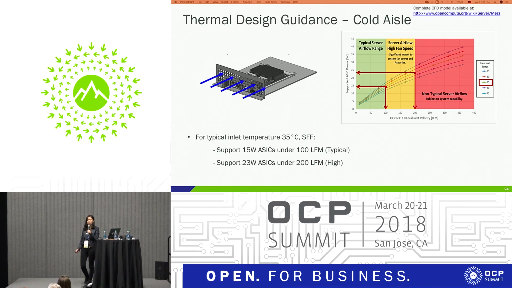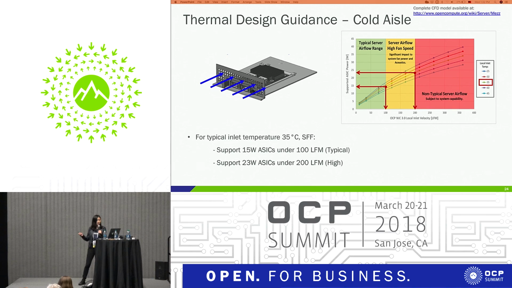Another scenario is the hot aisle case, which means the NIC is on the back side of the server. So it gets shadowed by the CPU, the hard drives, and all the components in front of the chassis. We did both, because at Facebook we are mostly cold aisle use cases, but all the OEMs are looking more into the hot aisle. So we did both studies.